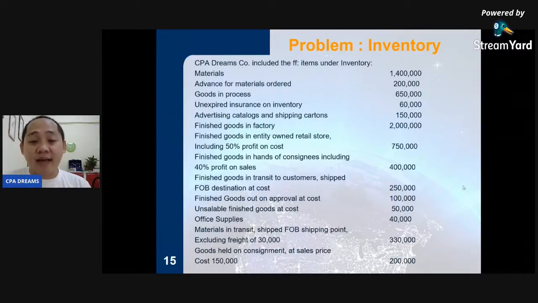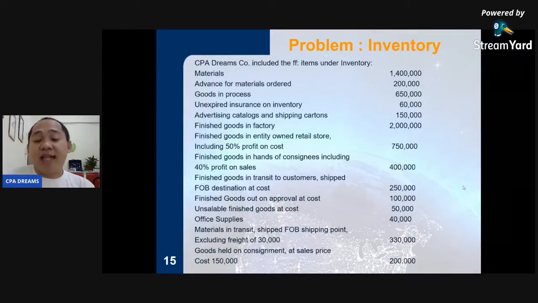Finished goods in hands of consignees, 40% profit on sales, 400,000. Finished goods in transit to customers, ship FOB destination, 250. Finished goods out on approval cost, 100. Unsaleable finished goods, 50. Office supplies, 40. Materials in transit, FOB shipping point, 330. Goods held on consignment at sales price, cost 150.